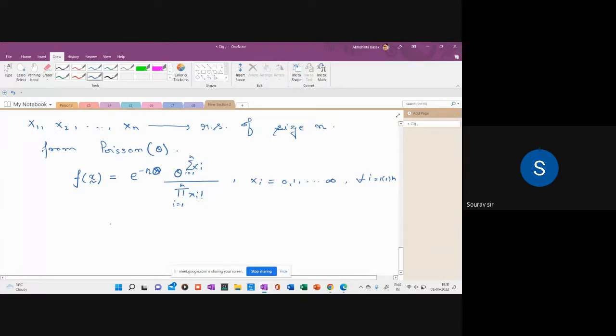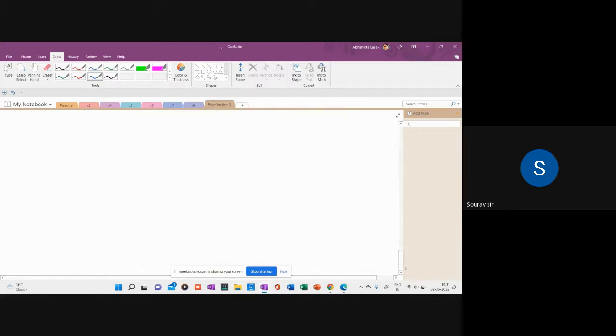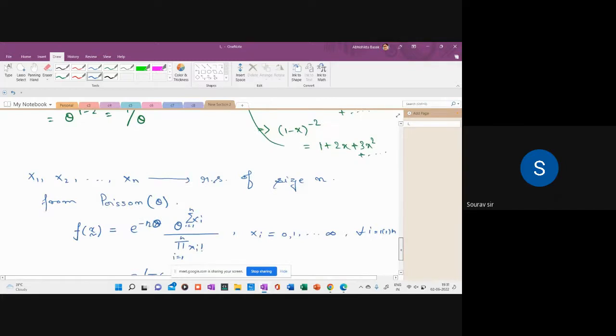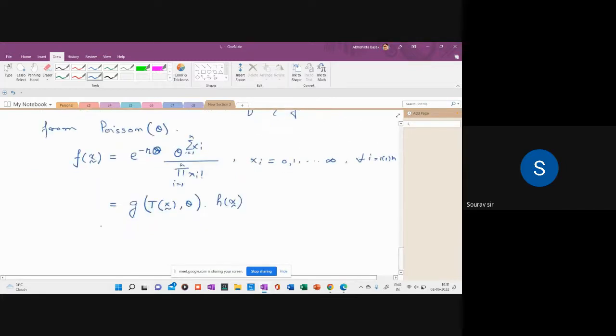Okay, this is my joint distribution. So can I express this in the form of g of t of x curl and theta, and some h of x curl? Is it possible to write? Yes, it's possible to write. If I split this function up, I can write my h of x curl, which is going to be a function only of x curl.